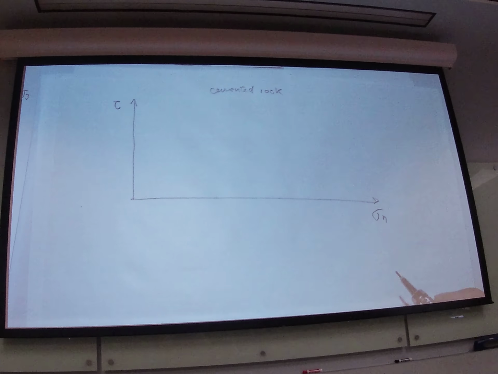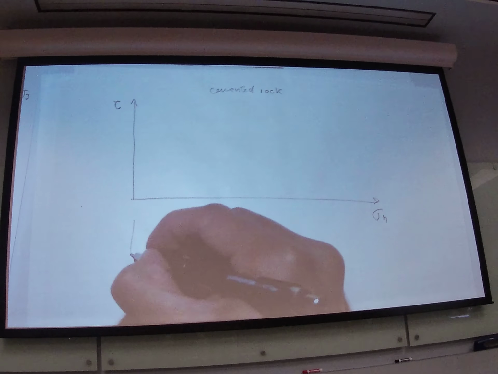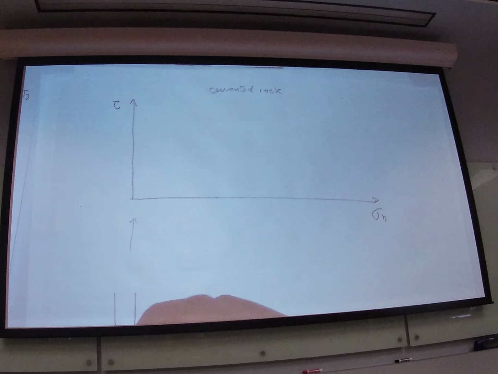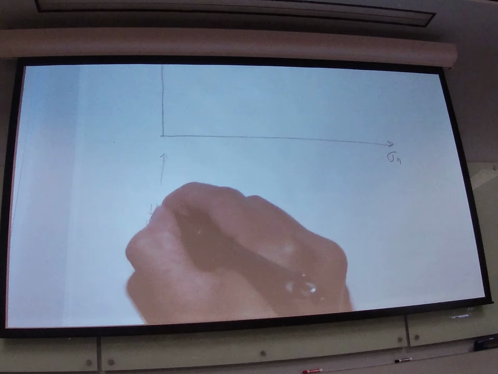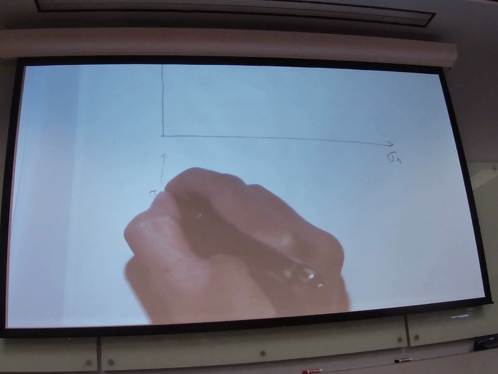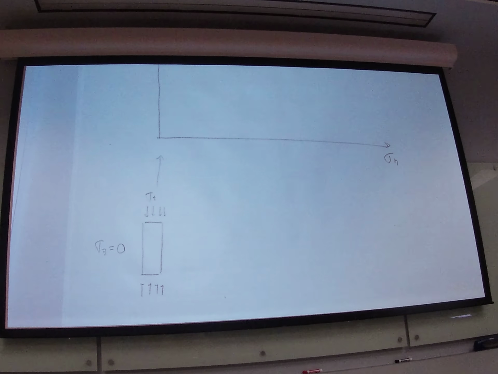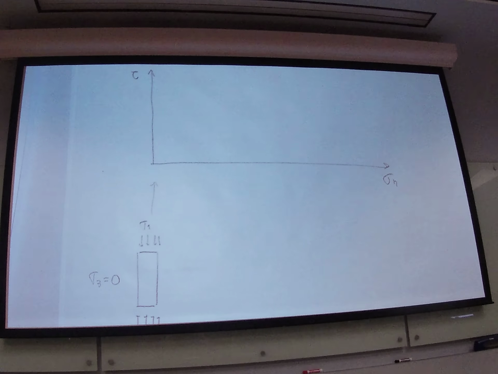And there is no confining from the sides. So somewhere over here, I'm going to run a test where I don't put any stress from the side. And I just load it. What is going to be the value of sigma 1? You already did this in the lab, and it had a name.